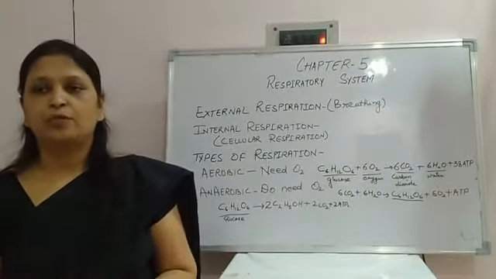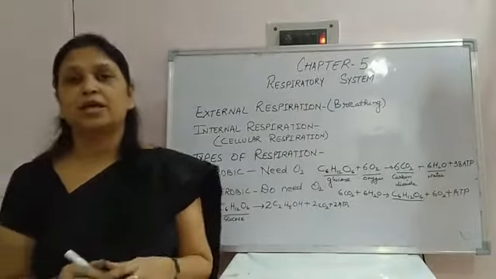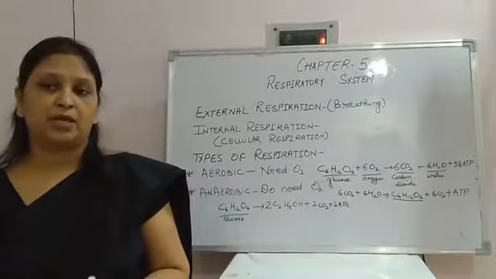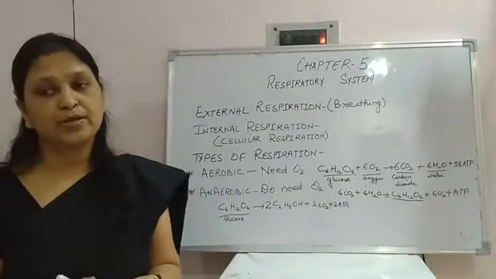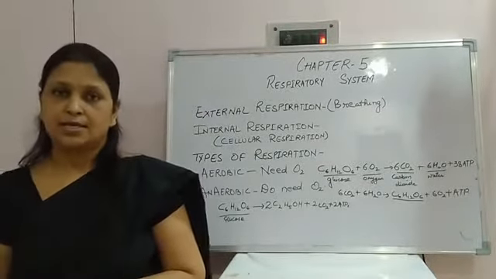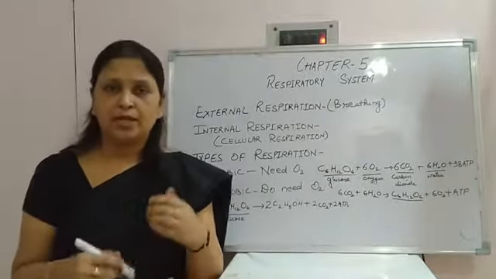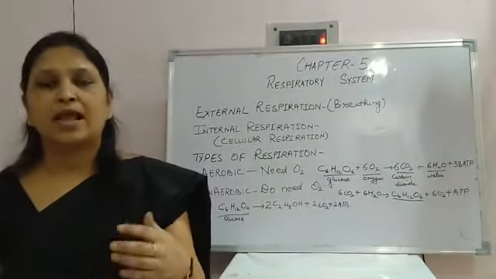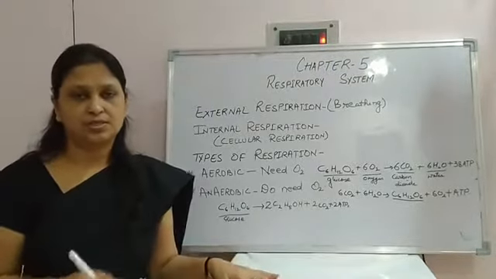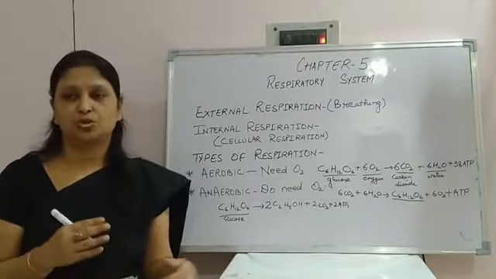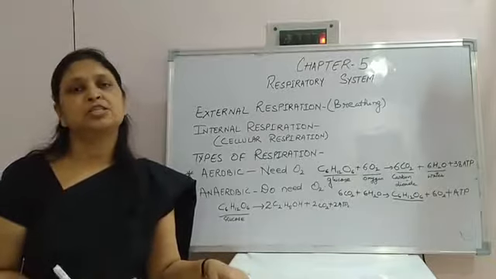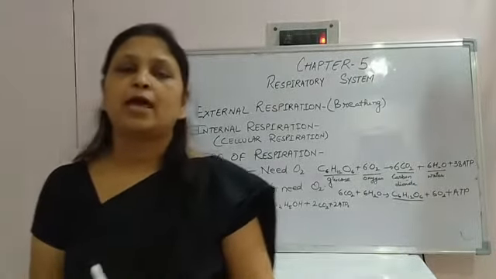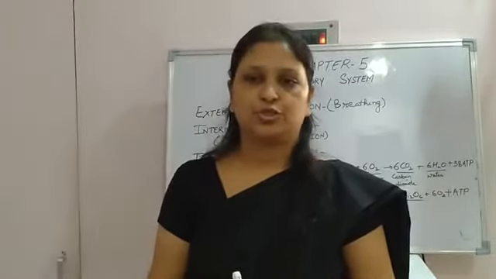Now dear children, one question arises in your mind, in my mind also. Do human beings use anaerobic respiration? Yes, they can. Humans and animals, when they have a lack of sufficient oxygen, will create ATP through a form of anaerobic respiration.